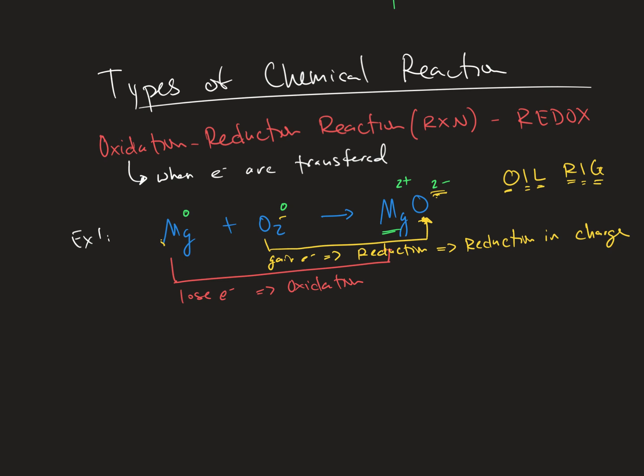But I like to think of it as reduction in charge. And if it has a reduction in charge, it did gain electrons. We should understand that by now, right? I hope. Okay. All right, so that's one example. I didn't show you that one in detail because I showed you a while back. So let's do some more.